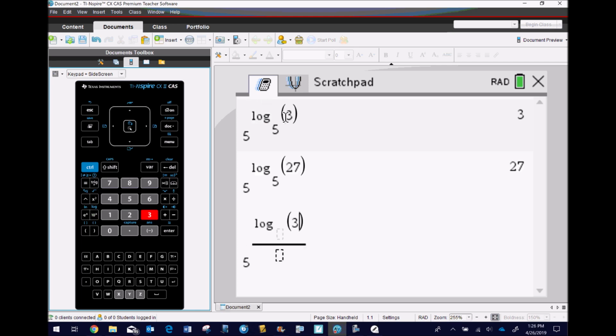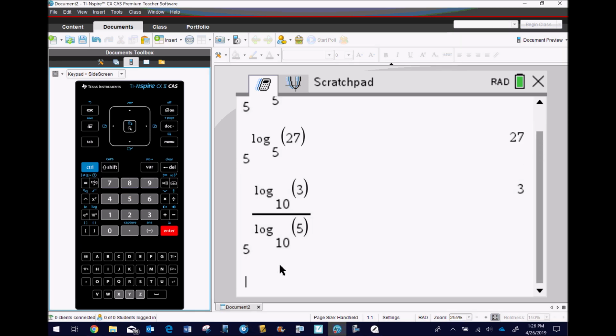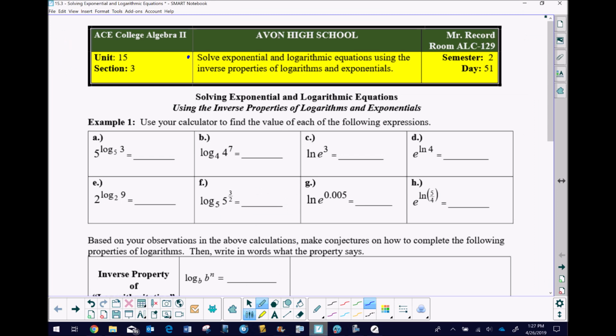I'm going to use that argument as the numerator, and then the denominator would be the log base 10 of 5. So you see how I'm going back up here using these ideas. If this formula is bothersome to you, you might want to go back and watch one of my earlier videos where I explained how this is developed. In any event, if that's what we end up doing, we can see that the answer is going to be 3 as well. All right, so we might be able to cut this a little short.